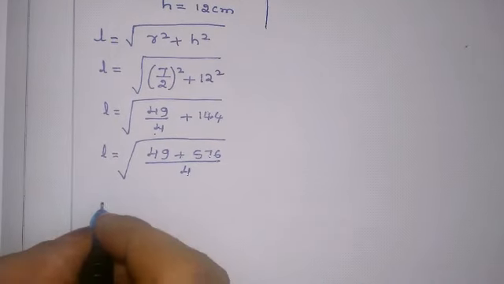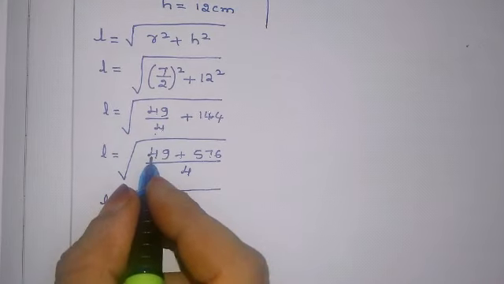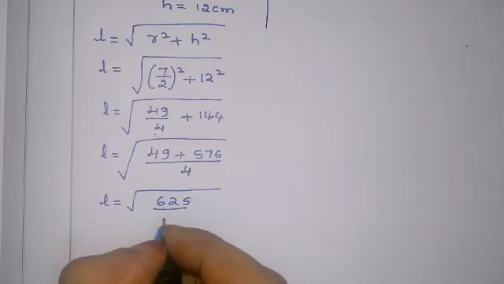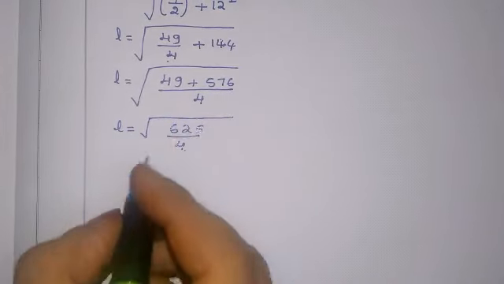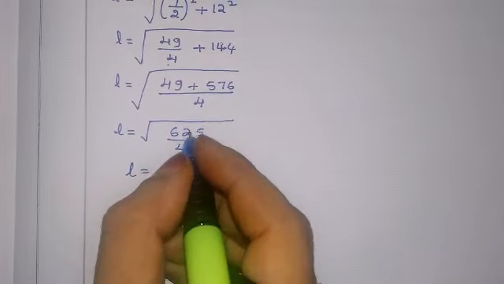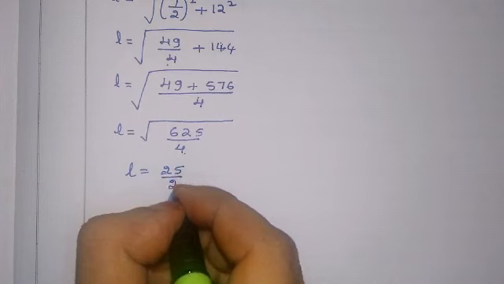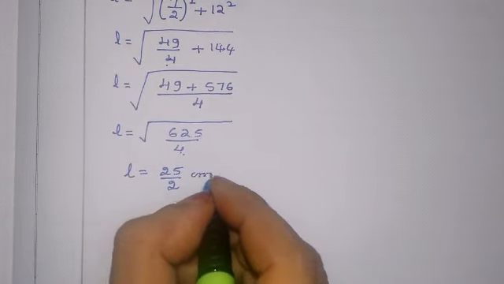So here we get L is equal to root of 576 plus 49, which is 625 by 4. Root of 625 is 25 and root of 4 is 2. We got the L value as 25 by 2.